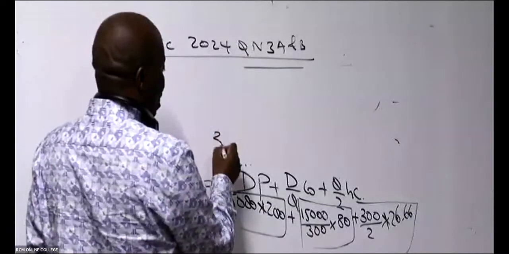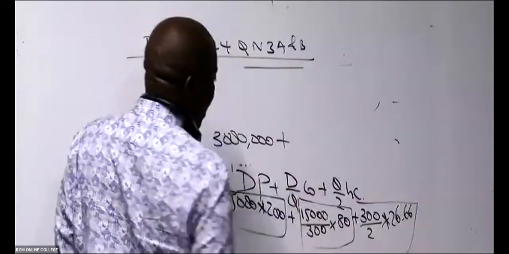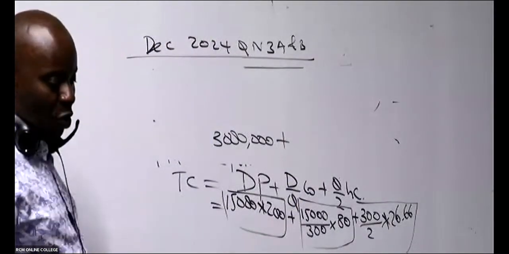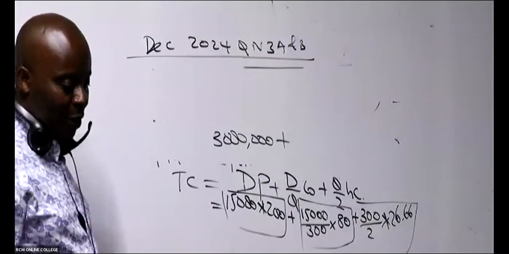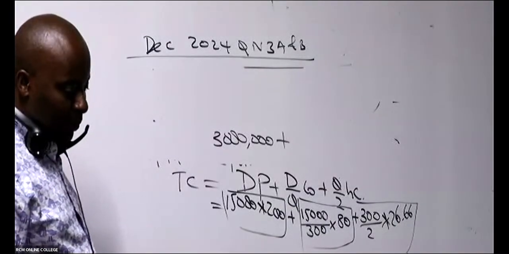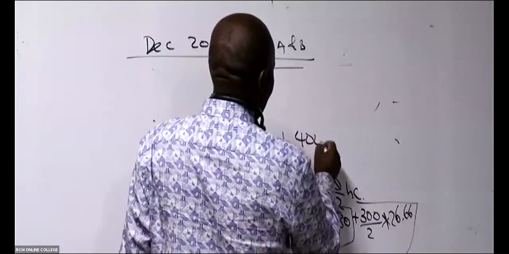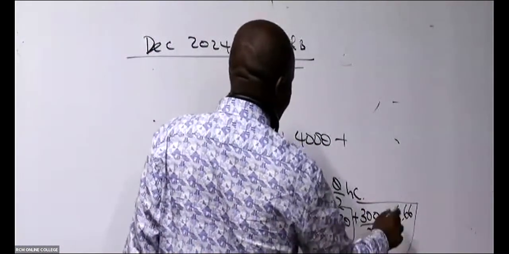Maggie tells me that the first one is 3 million. Plus the second one, is there somebody who is able to give us the second one? I'm being told 4,000. Plus, how about this one here?